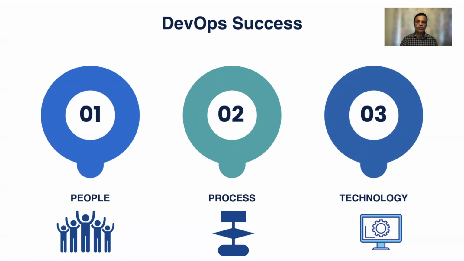You need to make sure the process is consistent and continuous, so that you don't have to reinvent the wheel. And technology also plays a large part, as we saw in previous slides. So DevOps success is not just one; these three pillars make DevOps successful in your organization.